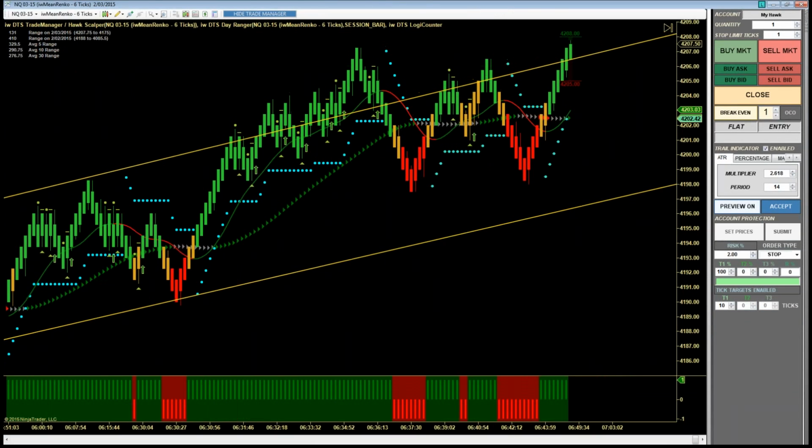All right, well, take a look at what's going on here in our hawk. You can see we're getting very choppy. We have a little bit of a trading range going on.